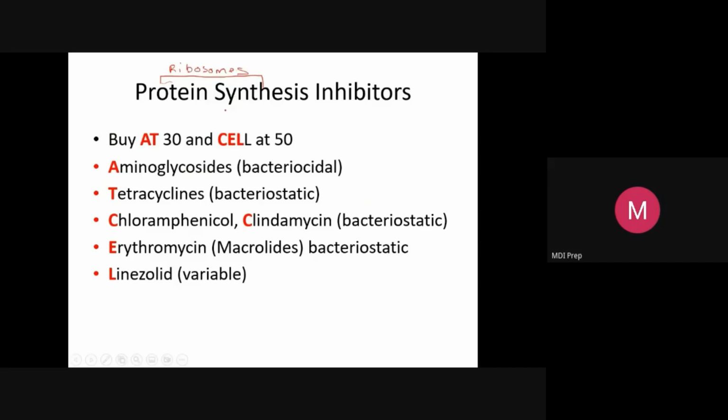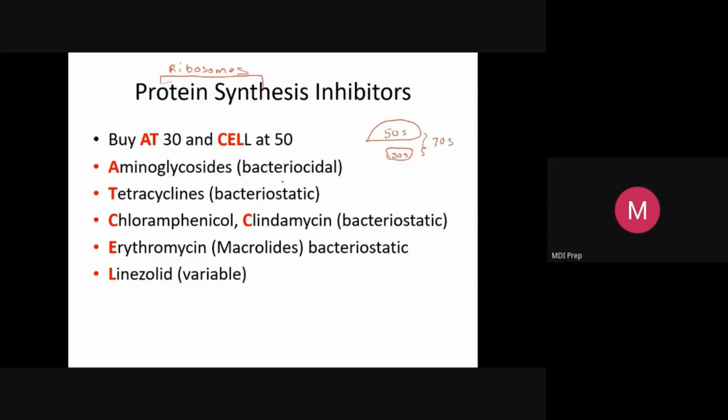So ribosomes, there are 2 ribosomes. Whenever you look at a bacteria, it has a big ribosome and it has a small ribosome. The big ribosome is called 50S. The small ribosome is called 30S. And you can combine these 2 together and it'll give you 70S, right?